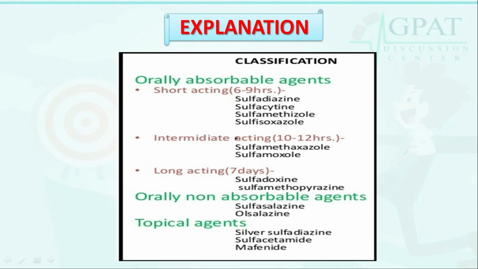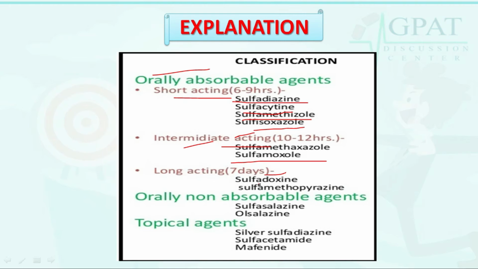Here we have the complete explanation of the sulfonamides. Short acting are sulfadiazine, sulfacetamide, sulfamethoxazole or sulfisoxazole, where intermediate acting is sulfamethoxazole, and long acting is sulfadoxine and sulfamethoxypyrazine.